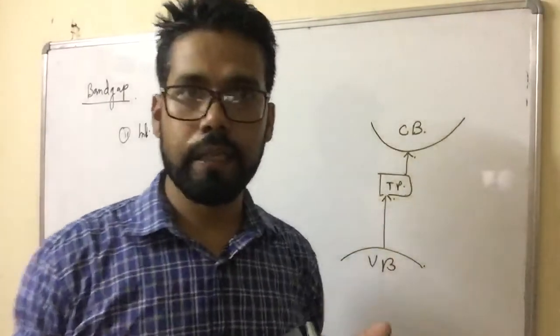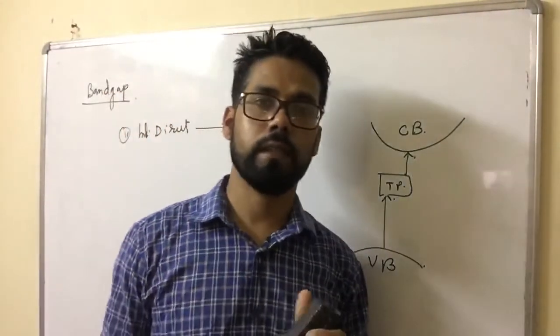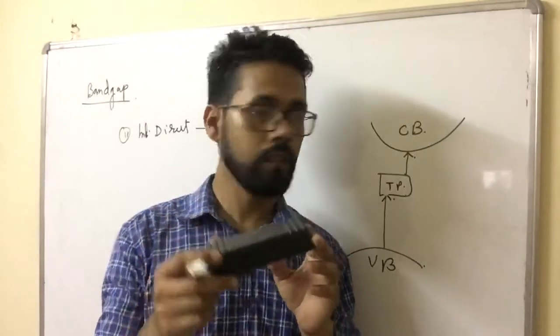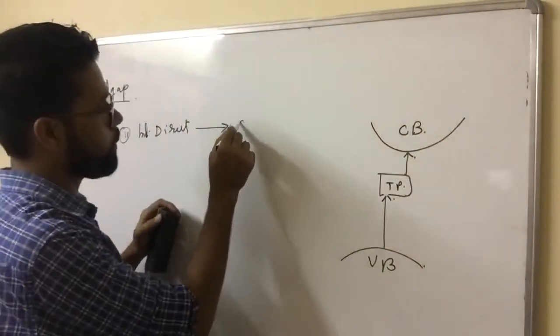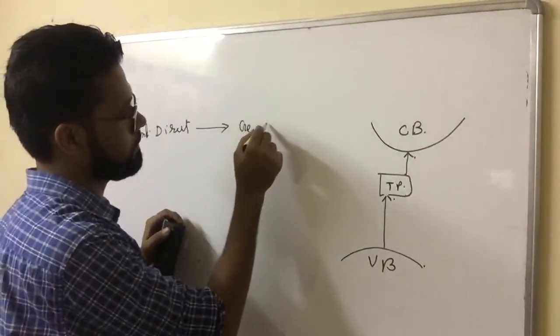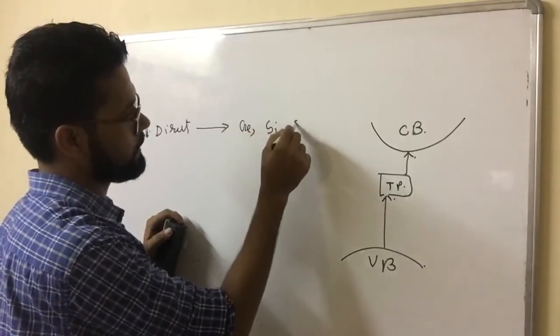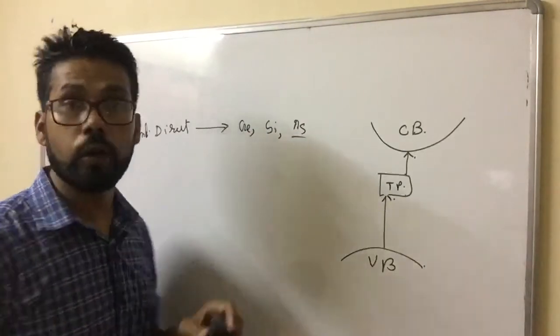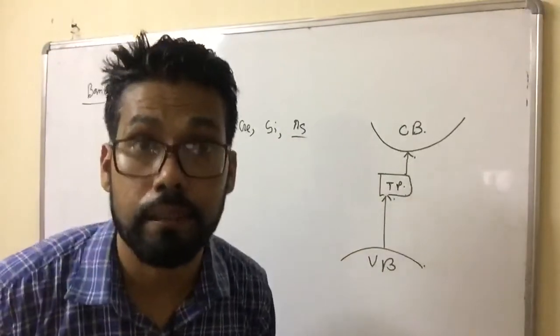Okay. What happens in an indirect band gap semiconductor? Indirect band gap semiconductors are monoatomic, such as germanium and silicon. These types of monoatomic semiconductors are indirect band gap semiconductors.